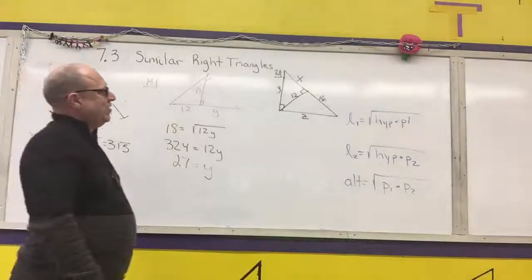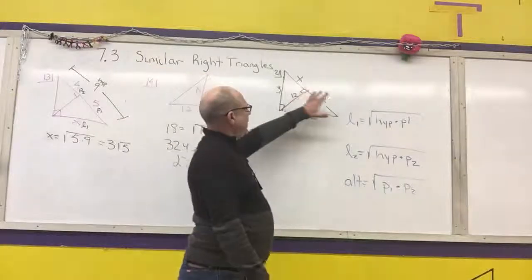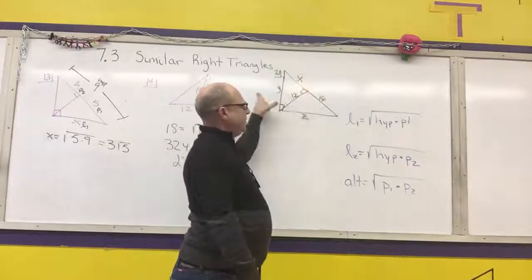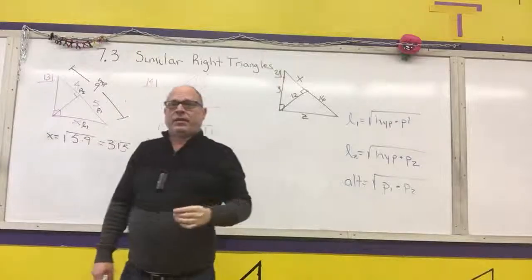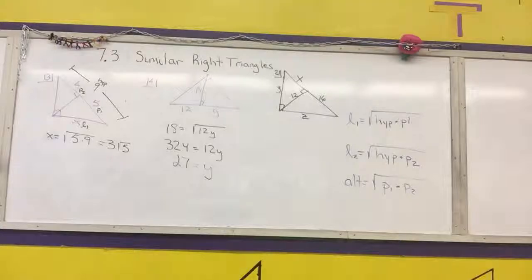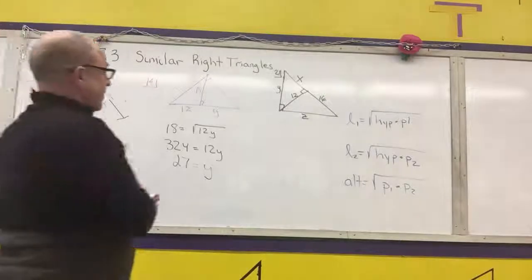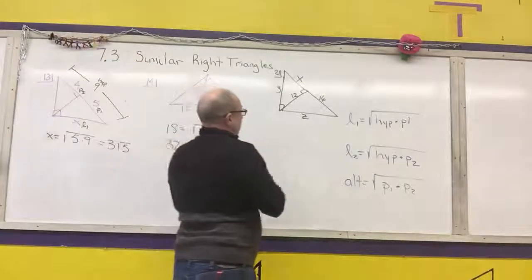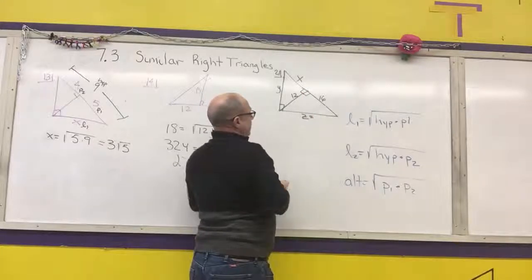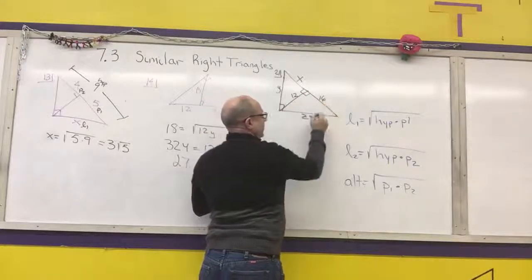The next thing I need to do is, I've given you two pieces out of the whole triangle, and I want you to find the remaining pieces. Now we've got to come up with a plan. We want to use the easiest methods possible to come up with the missing pieces. To me, the easiest method is the Pythagorean Theorem. So this is a right angle, so I know that z is the square root of the sum of the squares.